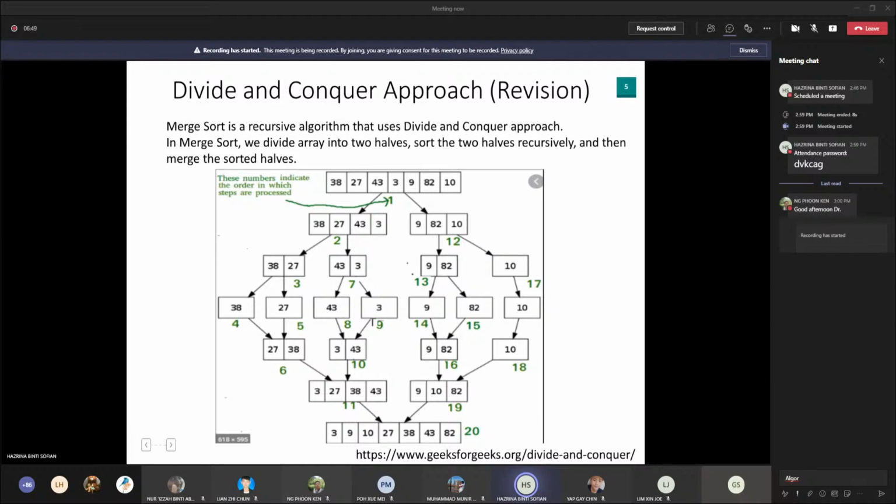Okay, so the first algorithm that we're going to revise today is merge sort. So merge sort is a recursive algorithm that uses the divide and conquer approach. In merge sort, we divide the array into 2 halves until it reaches the base case, and recursively we merge it into the whole solution.